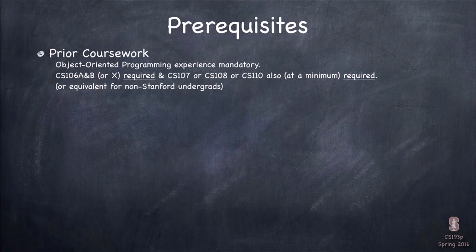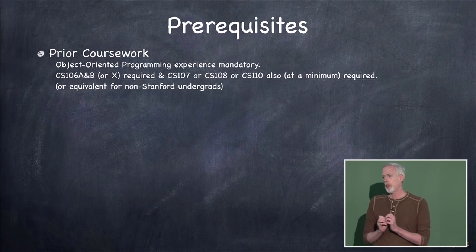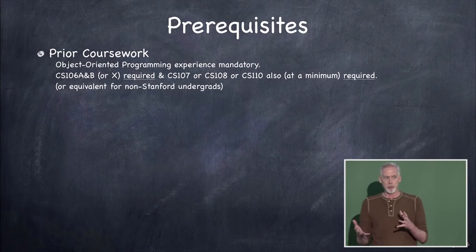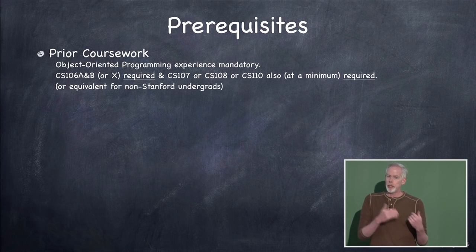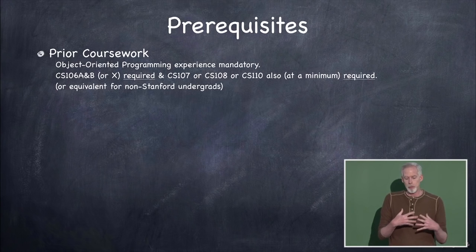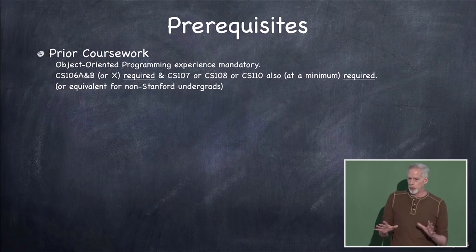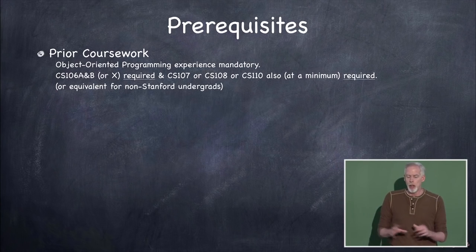The prerequisites are really important in this class. The main one is object-oriented programming. I really don't have time in 10 weeks to teach you object-oriented programming first, so you really need to know that coming in. In terms of Stanford's prerequisites, that means CS106A and B or CS106X. That's absolutely required. You get some Java experience in there, a little bit of object-oriented.